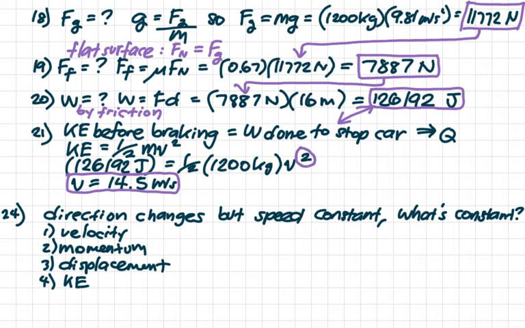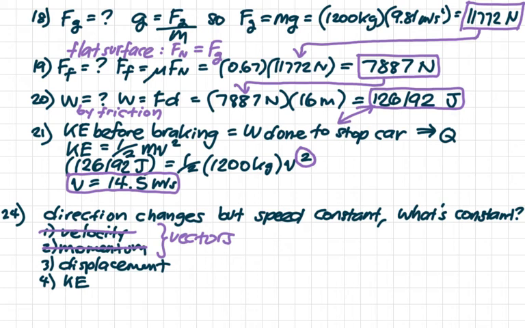So 24 says the direction changes, but the speed's constant. What else is constant? Well, if my direction is changing, then anything that's a vector will also change. Velocity and momentum are both vectors, so they are out. And displacement is a vector, and you could say, well, can't you change your direction and not actually displace?